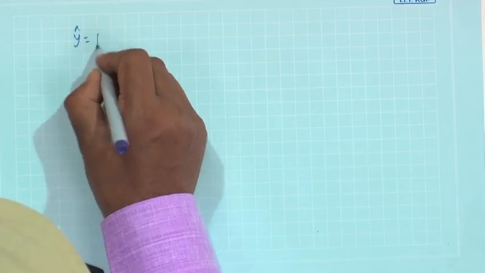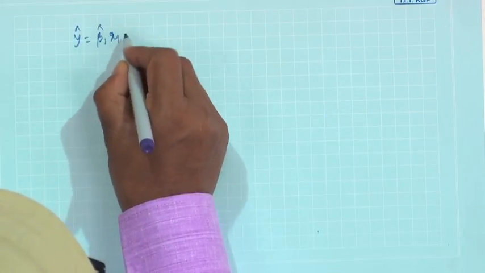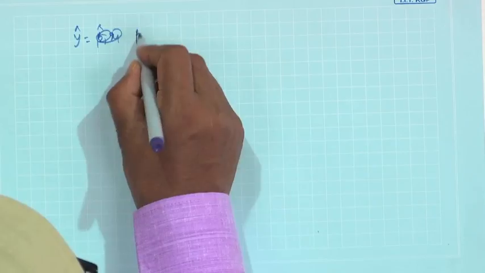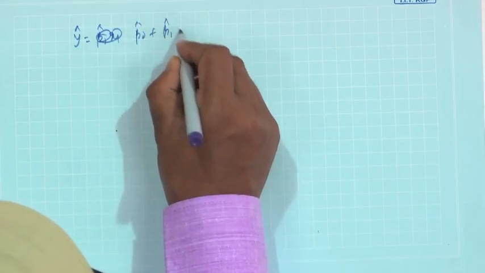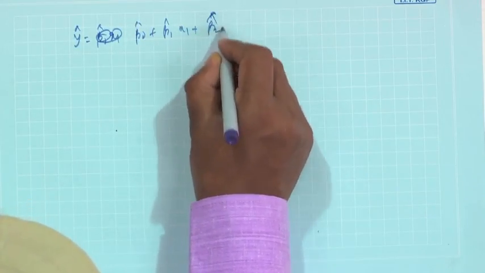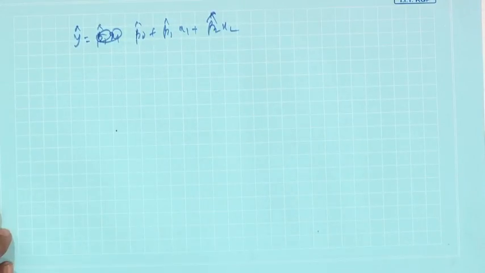But what you require further: we are saying y cap equal to beta 0 cap plus beta 1 cap x 1 plus beta 2 cap x 2. This is a fit one.